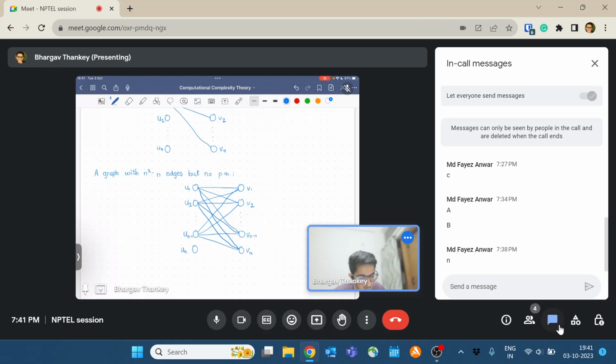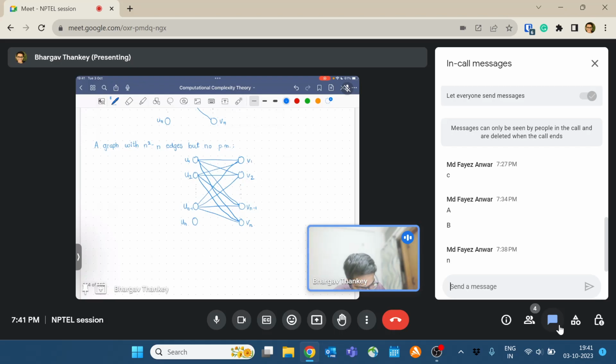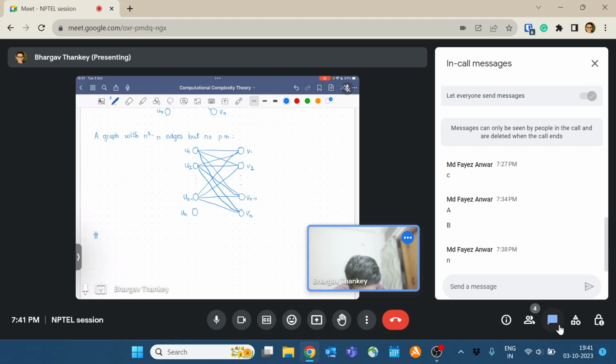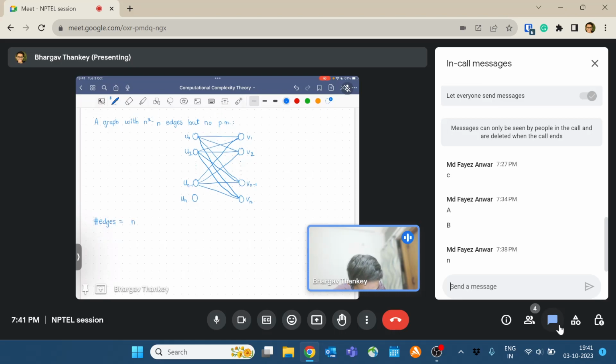Now, how many edges does it have? So there are n edges going out of U1. So the number of edges is n incident on U1, plus n incident on U2, plus up to n incident on Un minus 1.